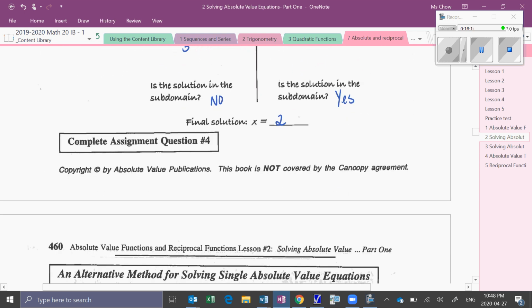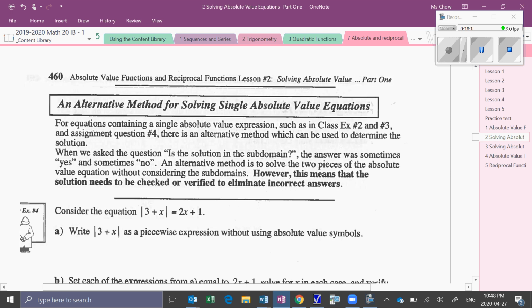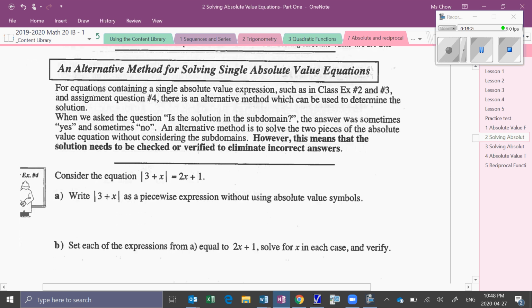Okay, so let's take a look at another way of going through this particular one. So an alternative method. This one a lot of people actually quite like. I think there are advantages and disadvantages to it. I think a lot of people understand this way better.